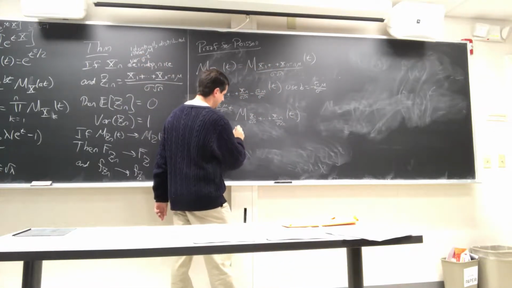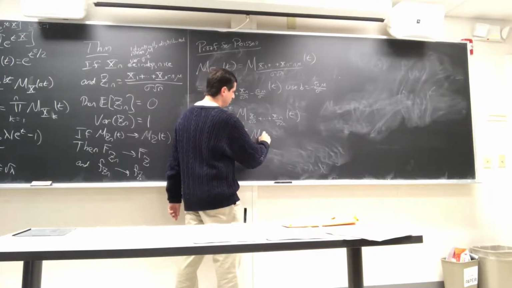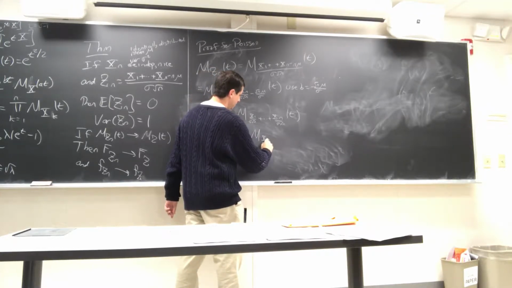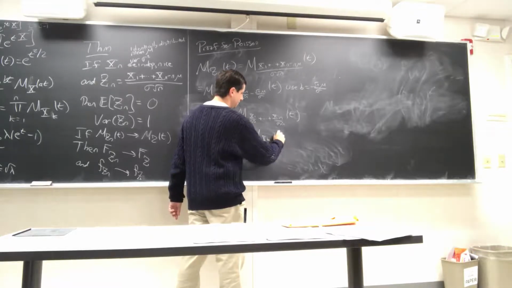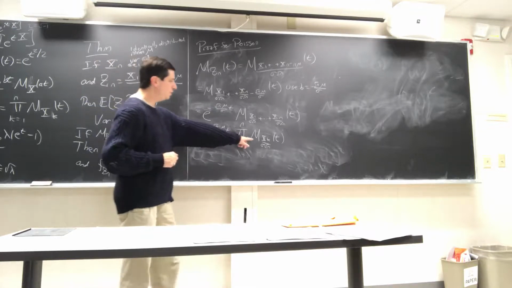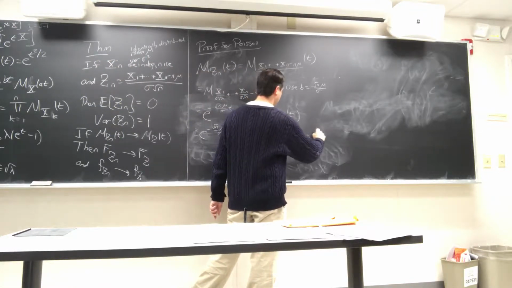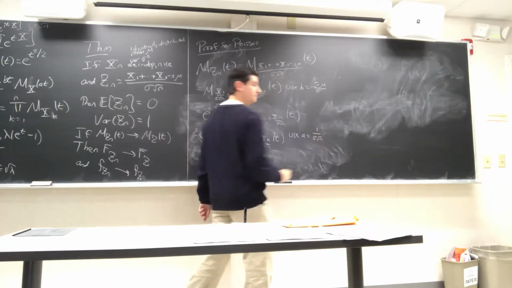So now it's the same as the product, k goes from 1 to n, of the moment generating function of Xk over sigma square root of n, of t. And now for each one of these, I now use a is 1 over sigma square root of n.